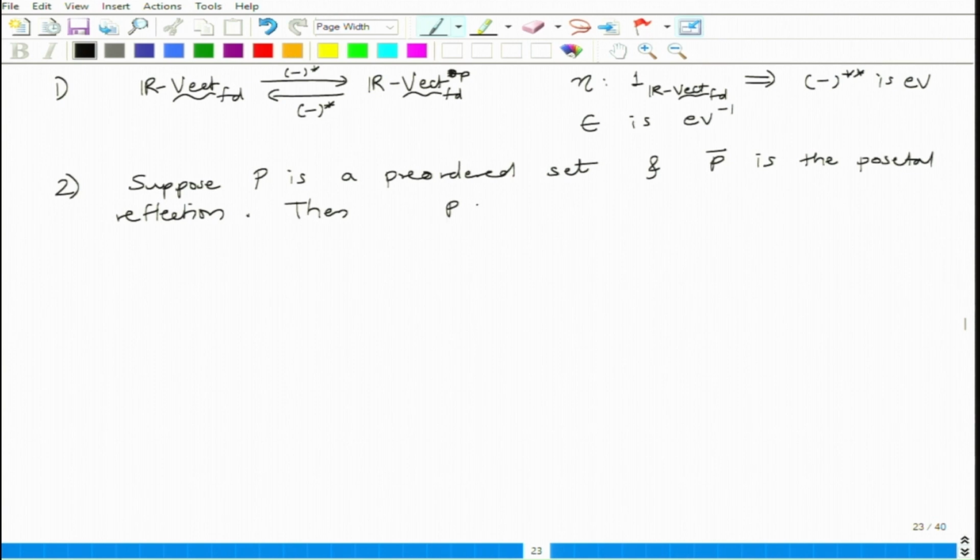Do we have a map from P to P bar? Projection? Yes, correct. There is a simple map. I mean, this is a set. These are two preordered sets. A poset is also a preorder.